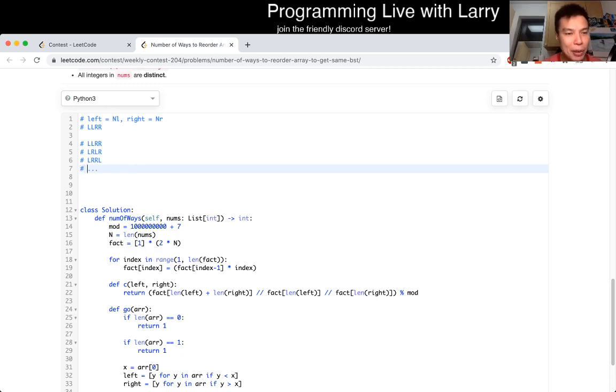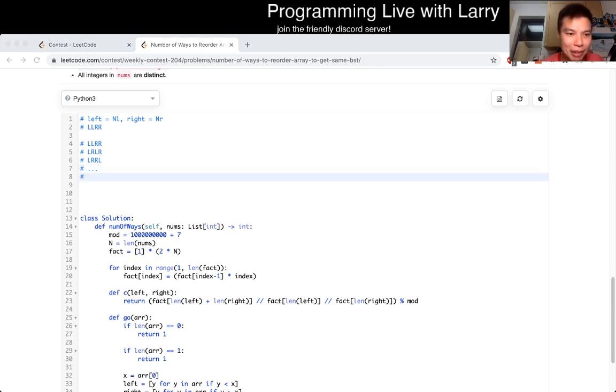So how many possibilities are there? This is a common combinatorial thing. I think it's called stars and bars. Basically this becomes a stars and bars problem, and let me put up a wiki article here.